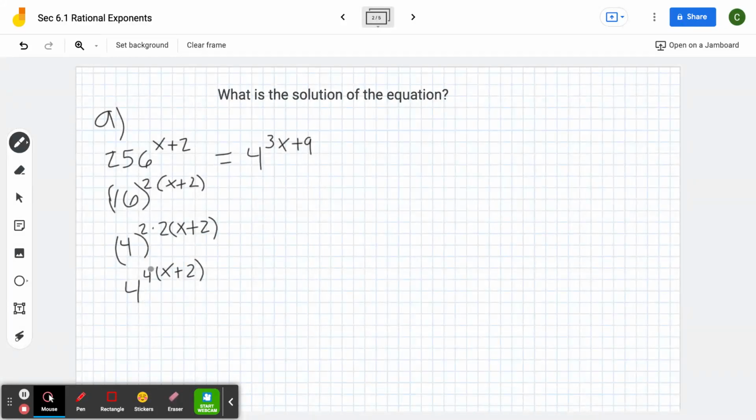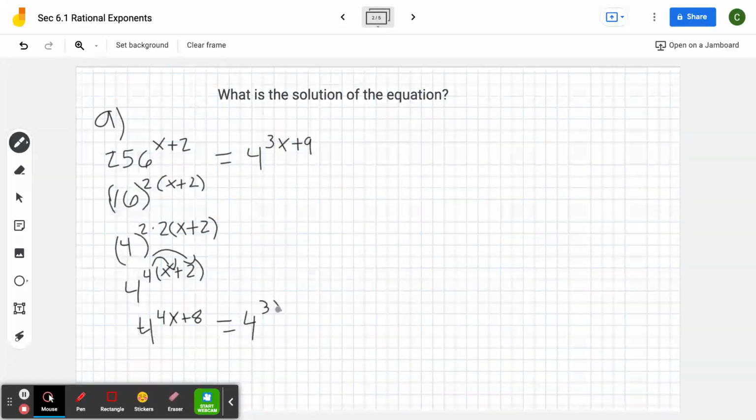And I can go ahead and distribute the 4 through to each term. So 4 times x is 4x, so I have 4 raised to the 4x, and I have 4 times 2, which is 8. So I have 4 raised to the 4x plus 8 power, and that is set equal to 4 raised to the 3x plus 9 power.